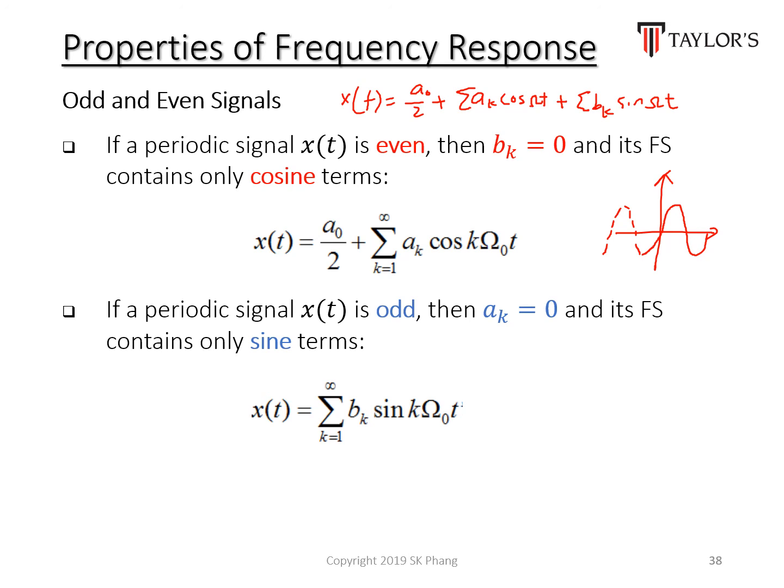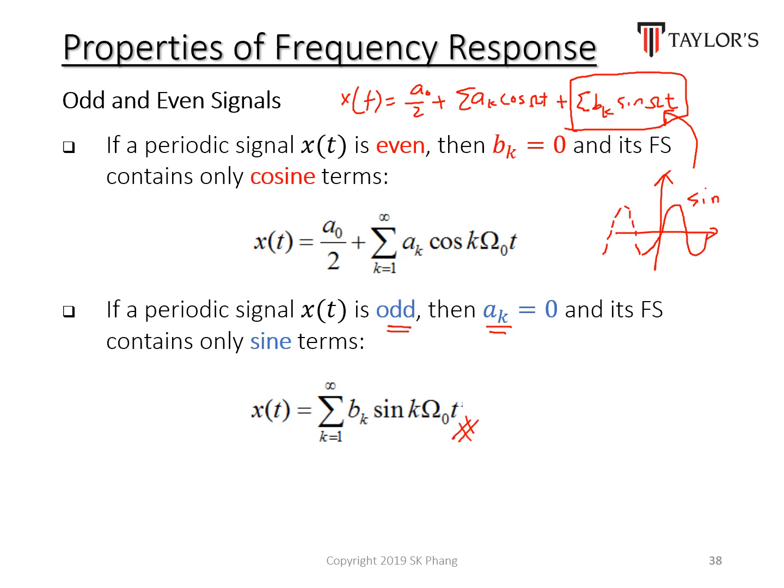In this sine wave, if you put it in terms of frequency response or Fourier series, you only have the sine term left. You don't have any other terms left. So when your signal is odd, for example a sine signal or any other odd signal, your A terms will all be 0. You are left only with the sine term.